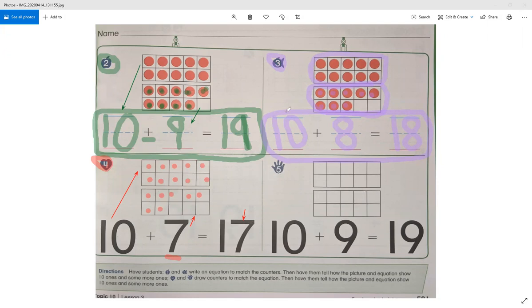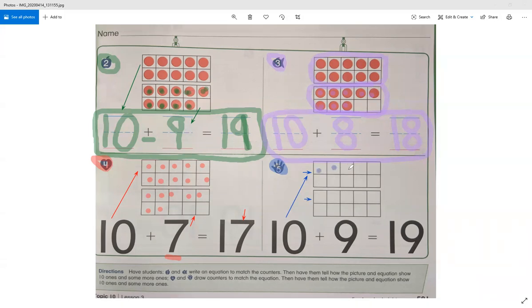All right, let's do number 5. Same thing. We have to figure out what goes in this 10 frame and what goes in this 10 frame. So what number should we plug into this top 10 frame? We plug in our 10, right? So let's go ahead and do that.